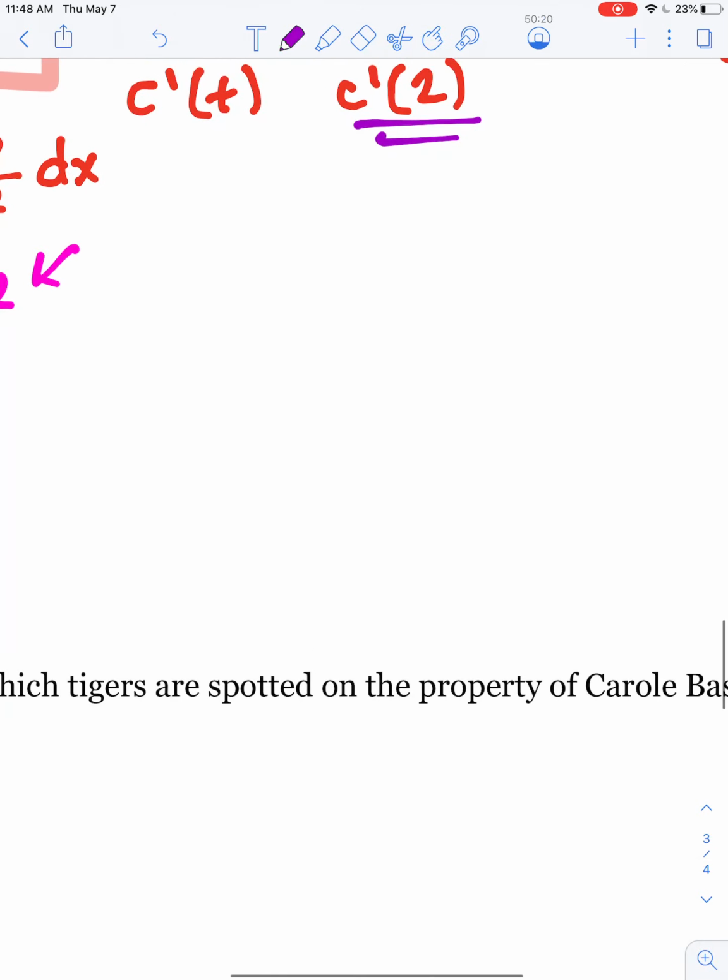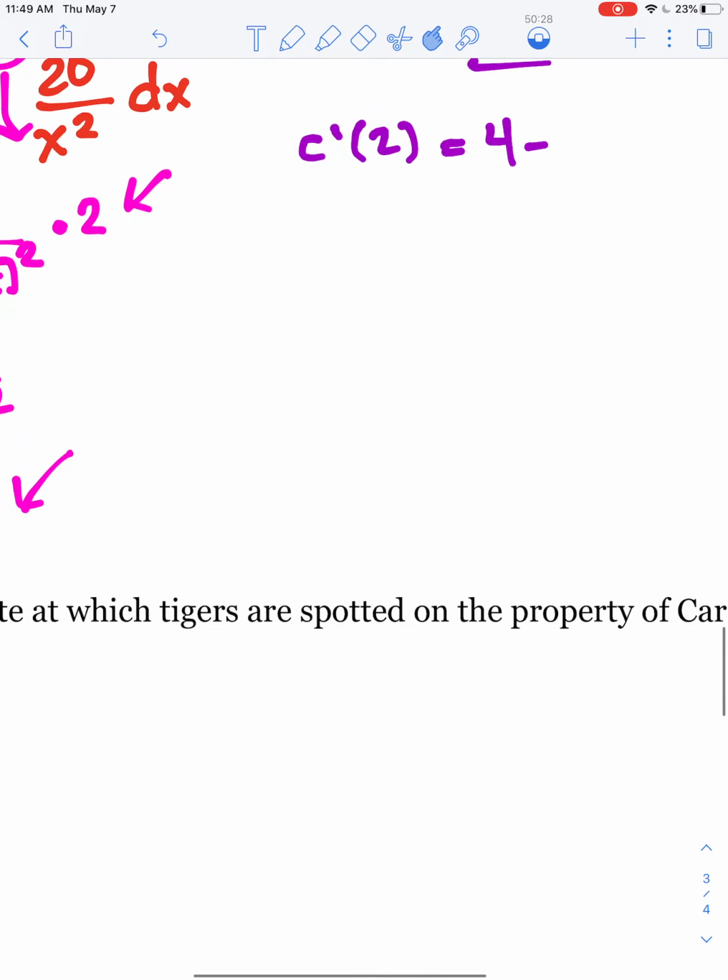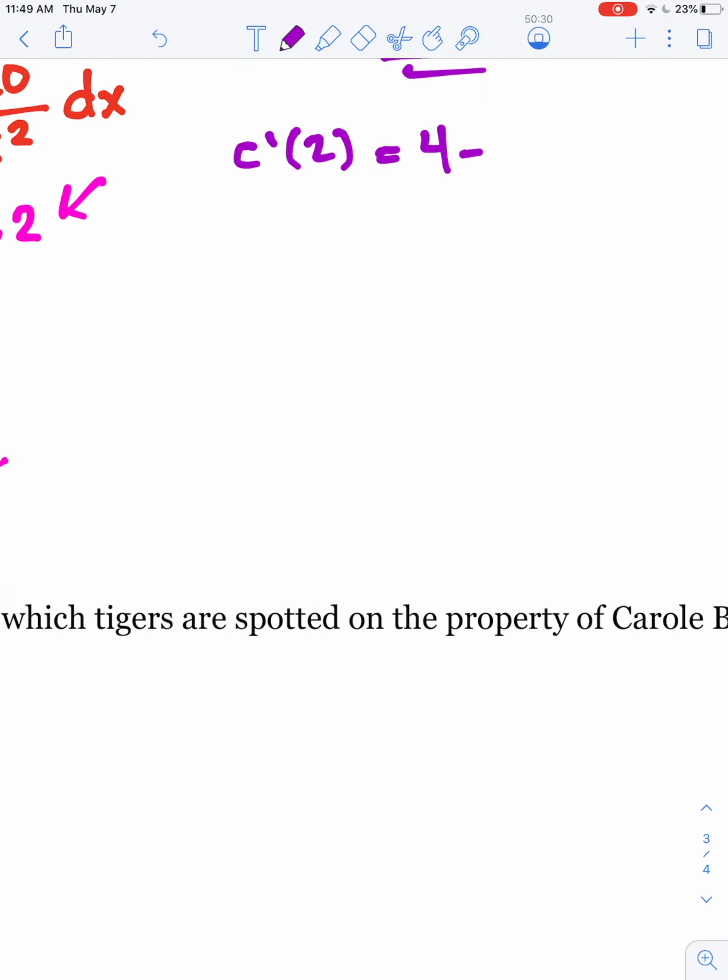So here that's going to look like c prime of 2 is equal to 4 minus, and I'm going to have to remind myself, it was 10. 4 minus 10 over 2 squared. Okay. If you need to, you can go ahead and do that calculation out, right? You can rewrite that as 4 minus 10 divided by 4.